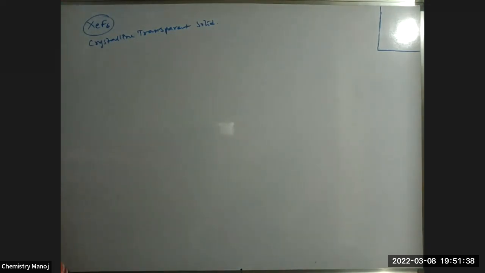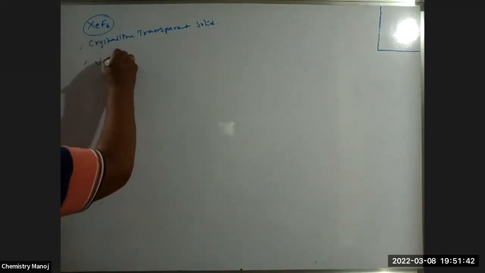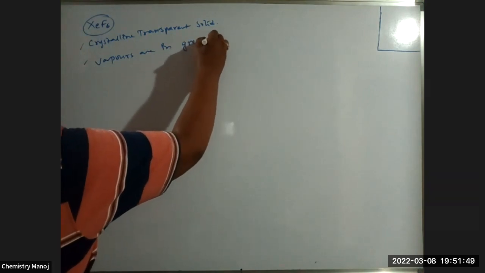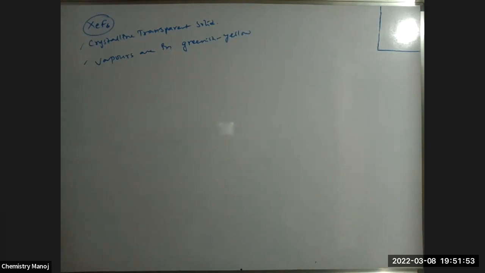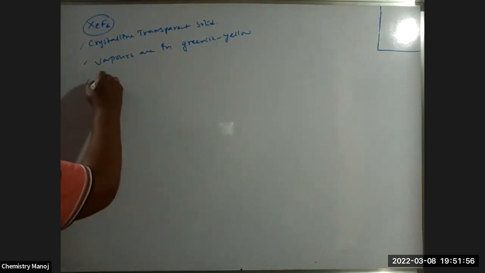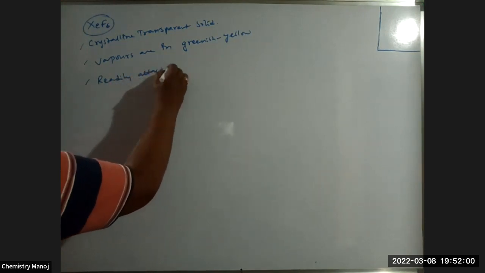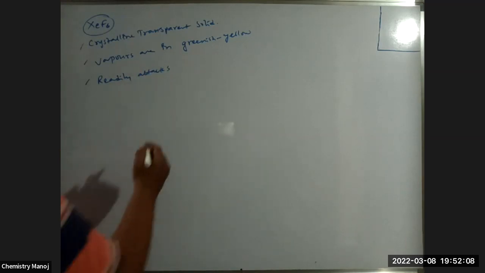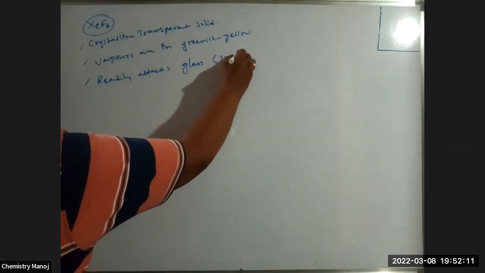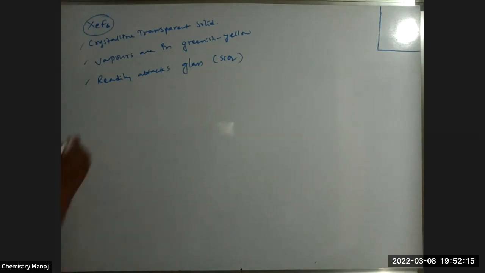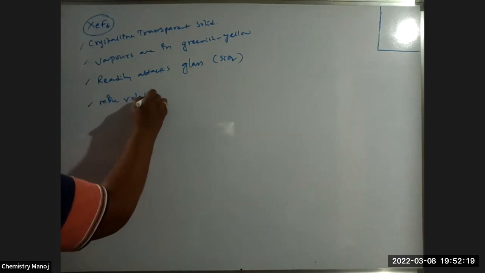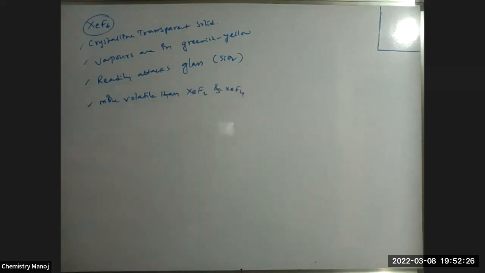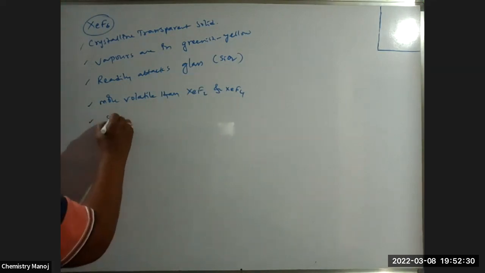Its vapors are greenish yellow in color. It readily attacks glass and SiO2, SiO2 being one of the forms of glass. It is more volatile than XeF2 and XeF4.